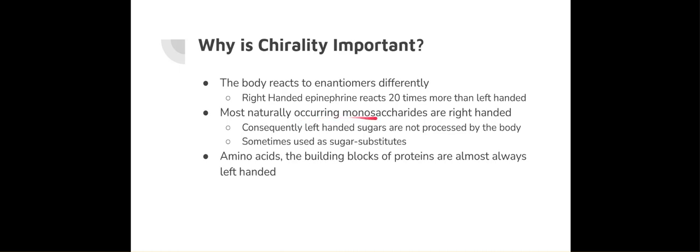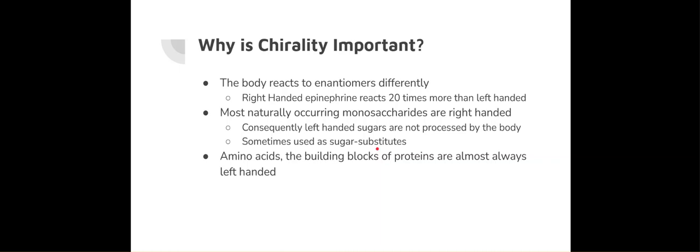Most naturally occurring monosaccharides are right-handed. Consequently, left-handed sugars are not processed by the body, and that's what's often used in sugar substitutes. So instead of having glucose be D-glucose, a right glucose, they'll put a left glucose into the sugar substitute.